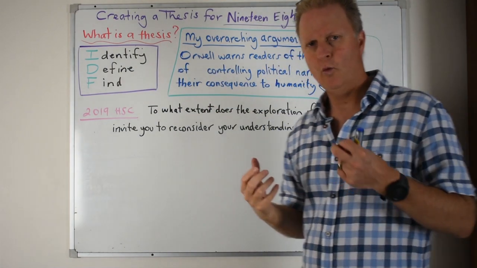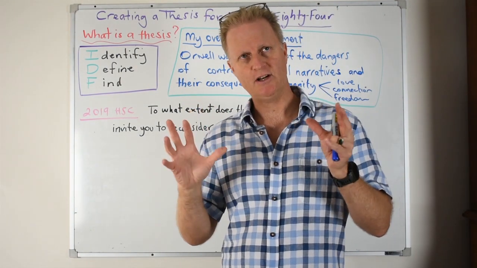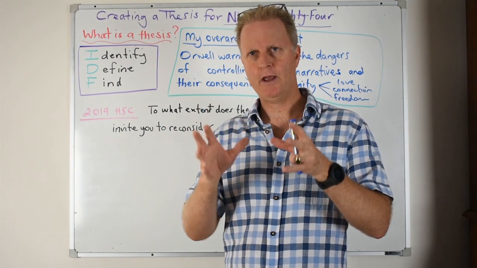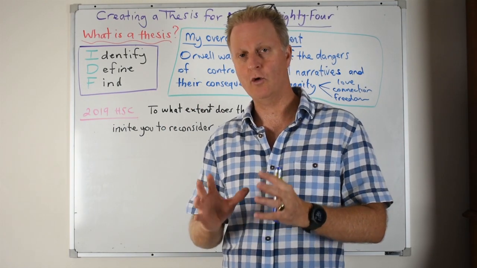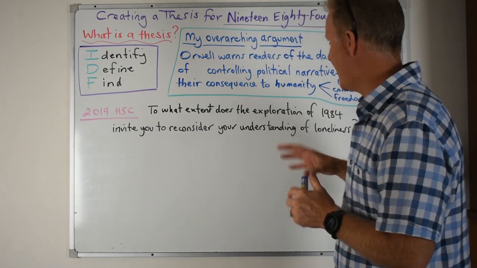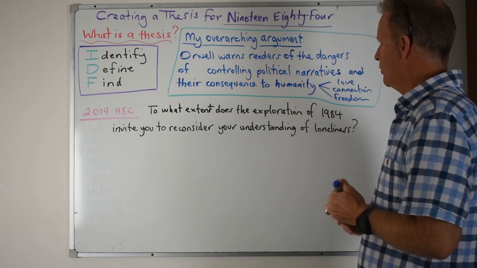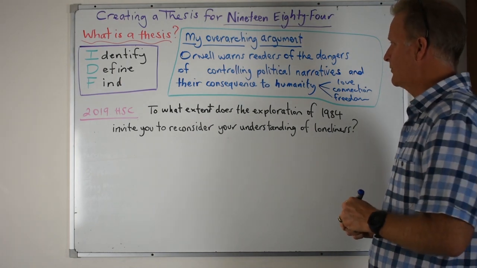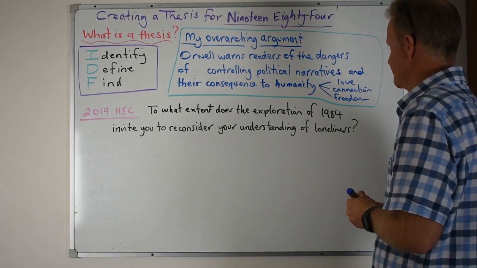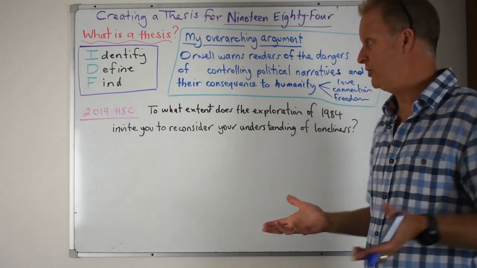I think what is important is to consider, well, in my prepared response, in the thing that I've written already, the argument that I'm arguing throughout is that 1984 warns readers of the dangers of controlling political narratives and their consequence to humanity.